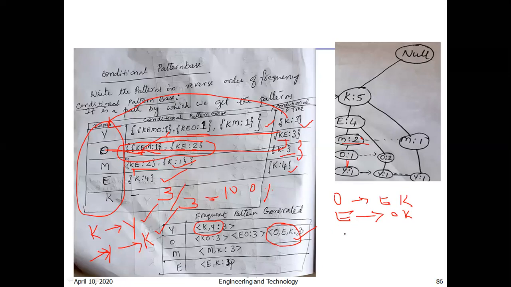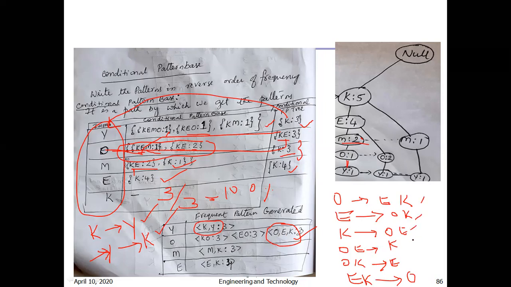Next, take only K, then O and E. Similarly, take O and E, then K. Then E and K with right hand side O.